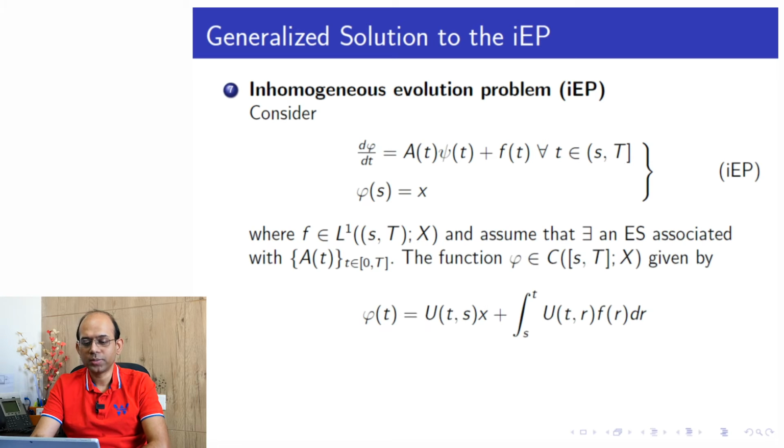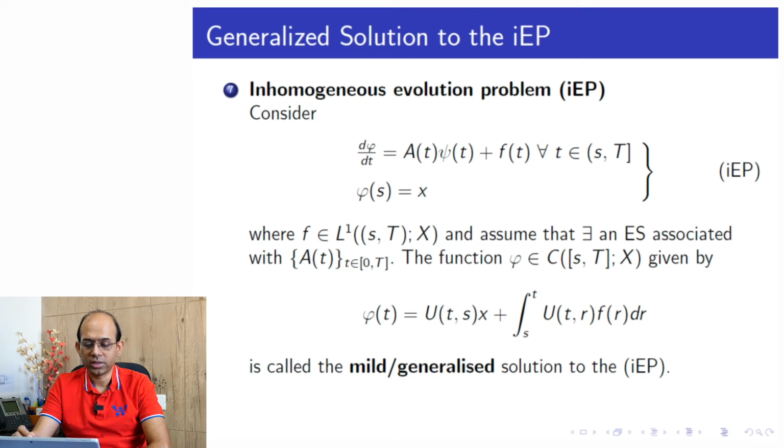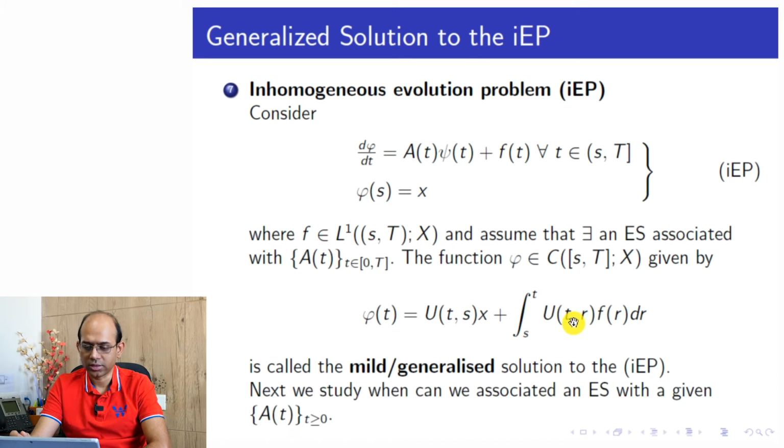Then the function phi, a continuous function from the time domain to the Banach space X, given by phi(t) equal to U(t,s)x plus the integral from s to t of U(t,r)f(r) dr, is called the mild or generalized solution. It is very easy to recognize that this is nothing but the extension of the formula for variation of constants, which we also discussed in the last lecture.